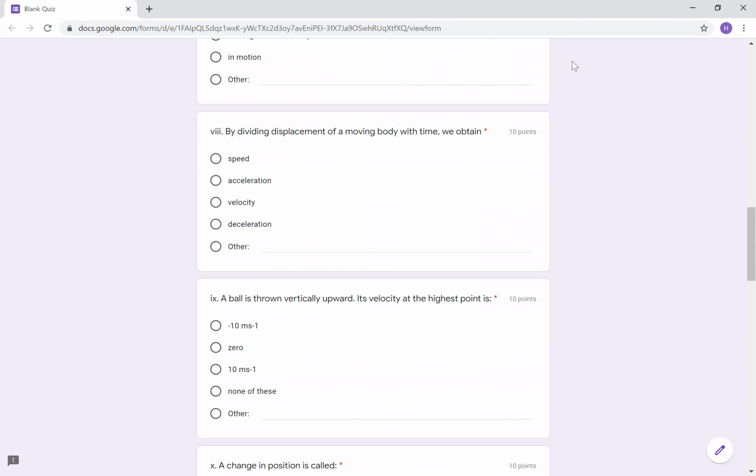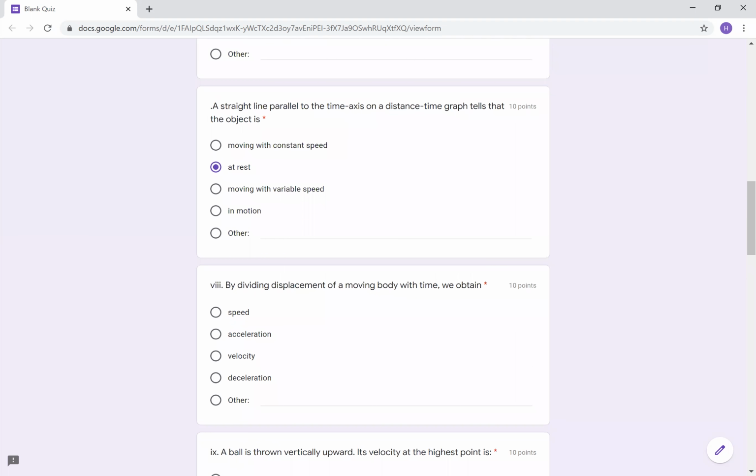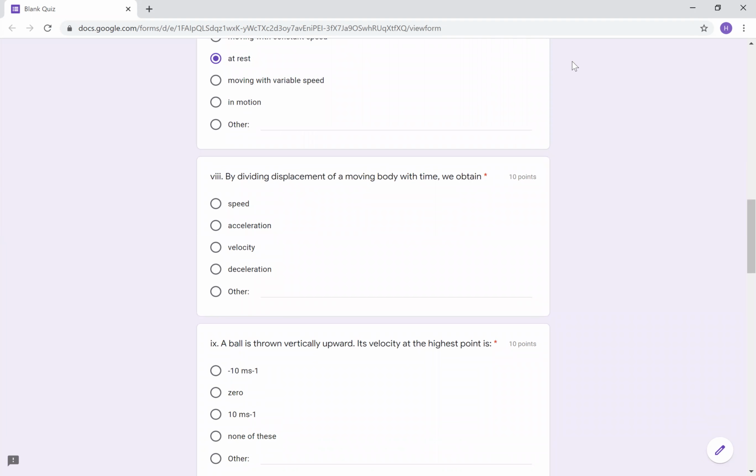Moving on towards the eighth question, or you can say the fourth question, which says: by dividing the displacement of a moving body with time we obtain... Now in this case, we have to understand the definition first. Speed is equal to distance over time.